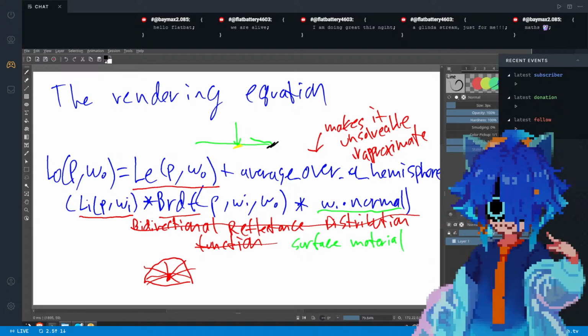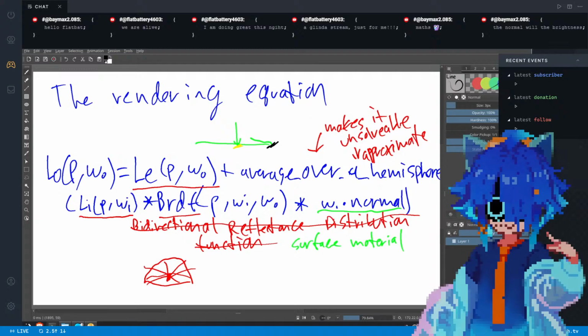So multiplying by the dot product of the incoming direction and the normal basically tells us how aligned the light is with the normal. And so we can get brighter areas where the light is straight on and darker areas where the light is closer to zero. Does that all make sense? The normal affects the brightness, yes.